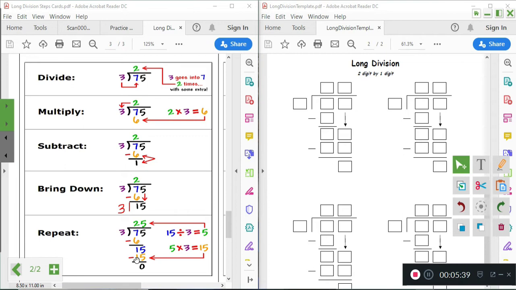Then I, sister, subtract. 15 minus 15 leaves me with 0. When I have reached this 0, I know I am done. I do not need to repeat or bring down. There's nothing left to bring down. So my answer, 75 divided by 3, is, that's right, 25.